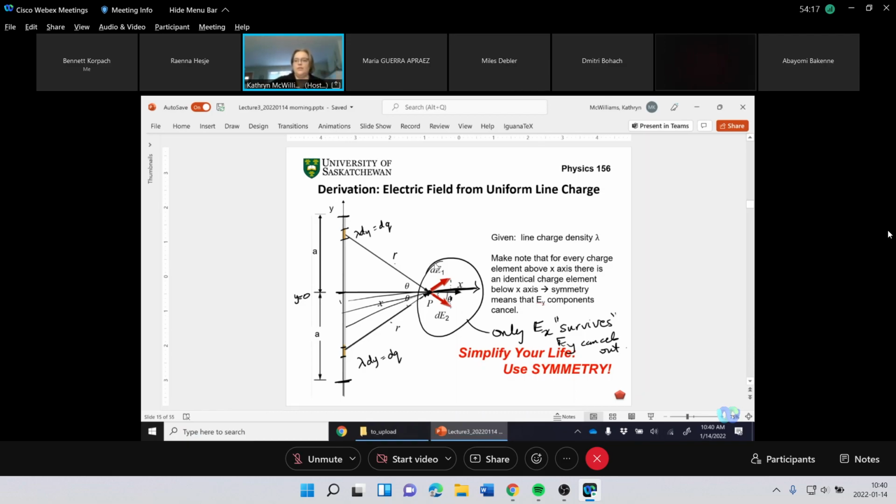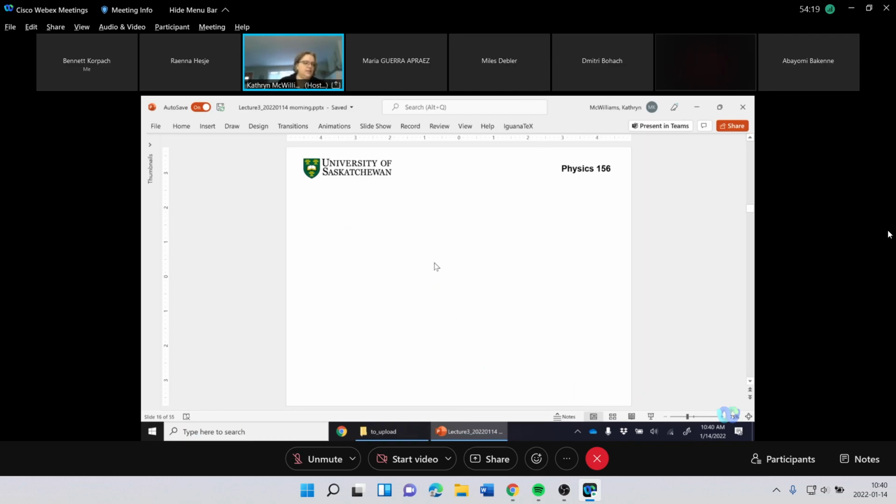All right, here we go. Let's see how we do here. So this is plus a, this is minus a. I'm going to put point P here. Here's our little elemental charge dq.